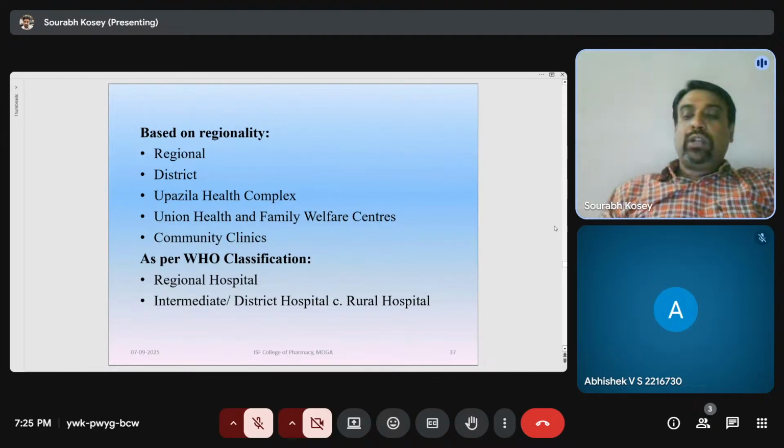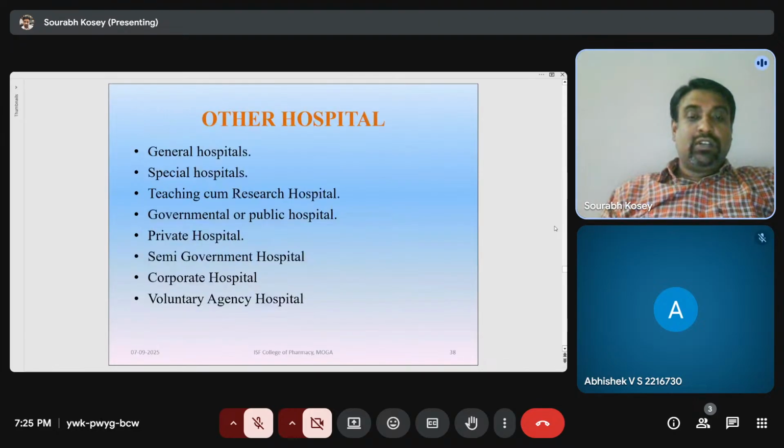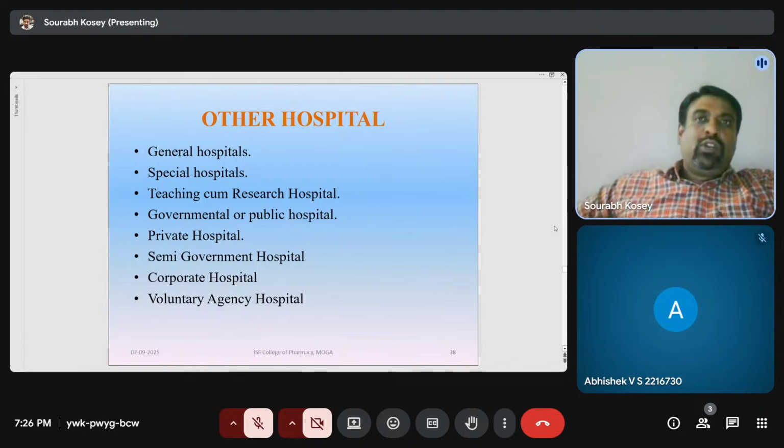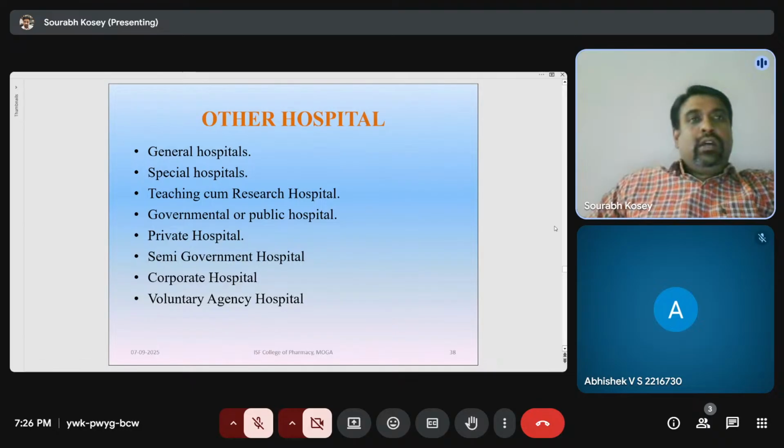As per the WHO classification, there are regional hospitals, intermediate hospitals, district hospitals, and rural hospitals. Other types of hospitals are like Rotary Club hospitals or memorial hospitals like Tata Memorial Hospital, or Nargis Dutt hospitals in the memory of Nargis Dutt, the mother of Sanjay Dutt, in Madhya Pradesh, and Kokilaben Hospital in Mumbai. Tata Memorial Hospital is in the memory of Jamshed Tata.